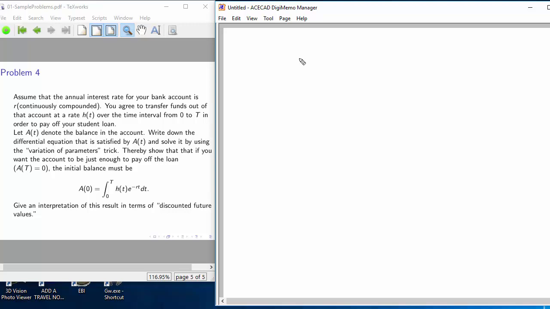Finally, here is the proof of the day. And this involves a trick for solving differential equations known as variation of parameters that you may or may not have heard of.